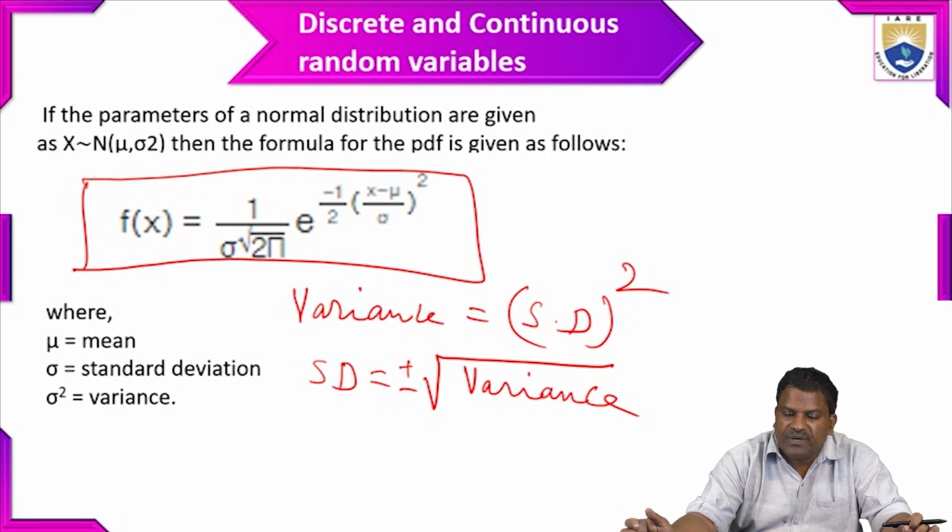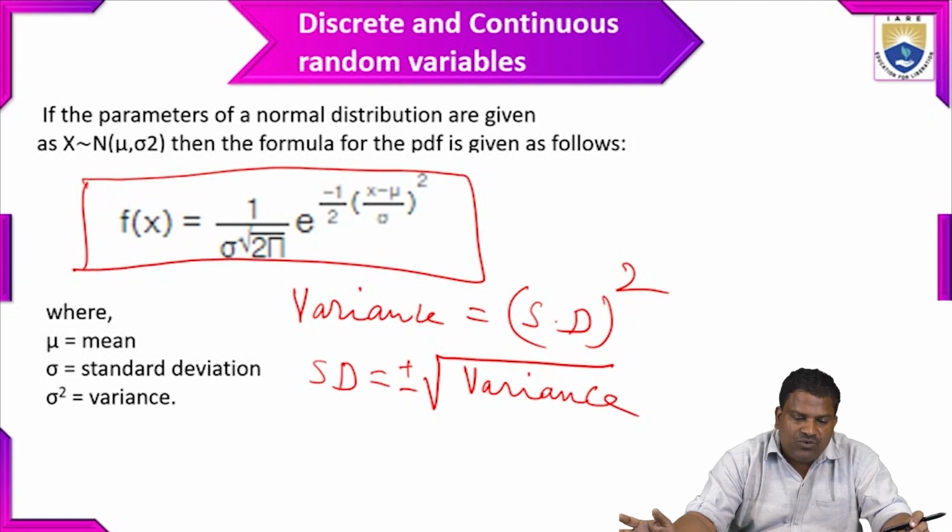Then the formula for the PDF is given as f of x is equal to 1 by sigma into square root of 2 pi into e to the power minus 1 by 2 into x minus mu by sigma whole square.